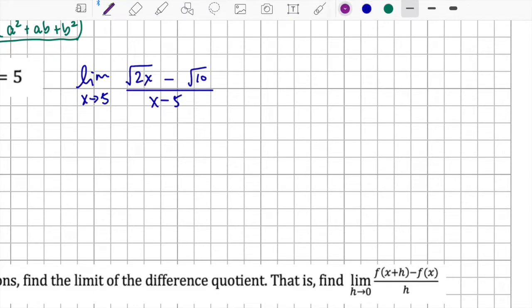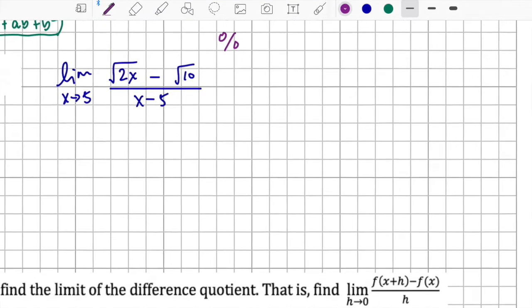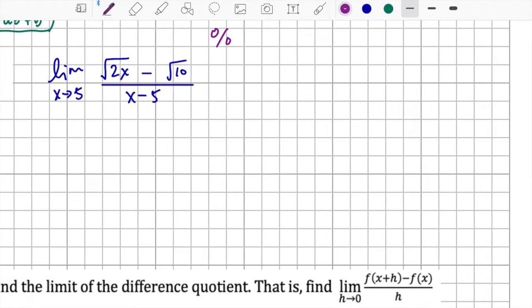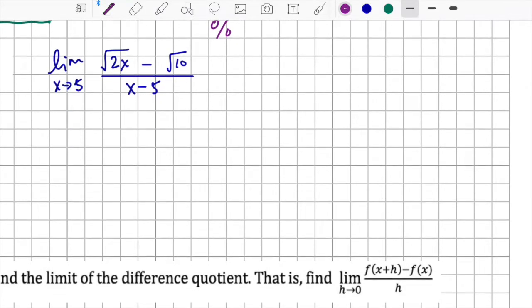Now, if we plug in the 5 there and there, again, we're going to end up with 0 over 0. That tells me that I have to manipulate, simplify, do something. So since I see radicals, I'm going to multiply the numerator and denominator by the conjugate of the numerator.